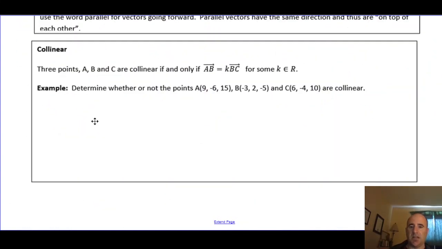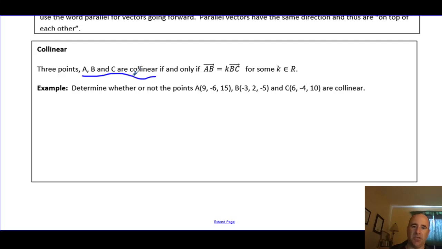In this next little example, we're going to talk about how you can use vectors to work in analytical geometry. When I talk about analytical geometry, I just mean working with points. So we're saying 3 points, A, B, and C, are collinear, meaning that they can be drawn in the same line.